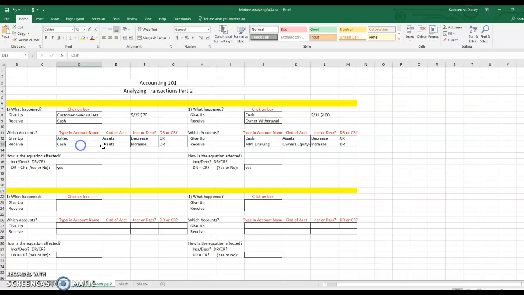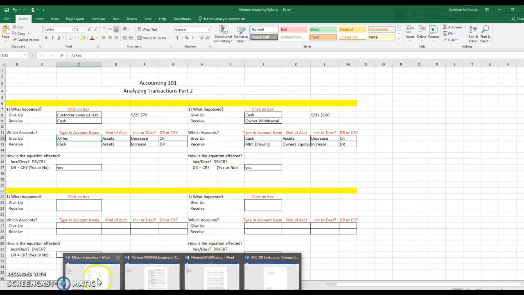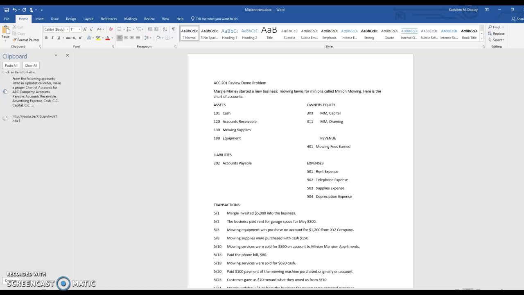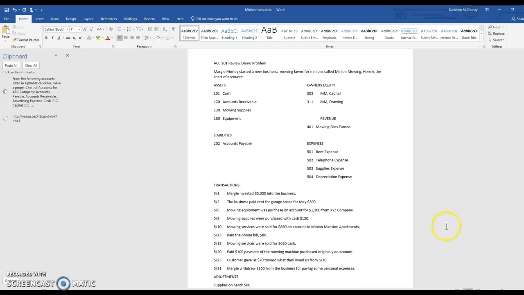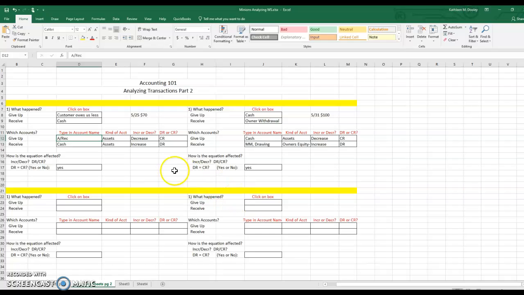And remember, whenever we have accounts receivable or accounts payable, we got to know who is the customer or the vendor. In this case, customer, okay? And so we may need to look at our Word document, and the customer was Minion Mansion Apartments. Okay? So debit cash, credit accounts receivable, May 25th for $70.